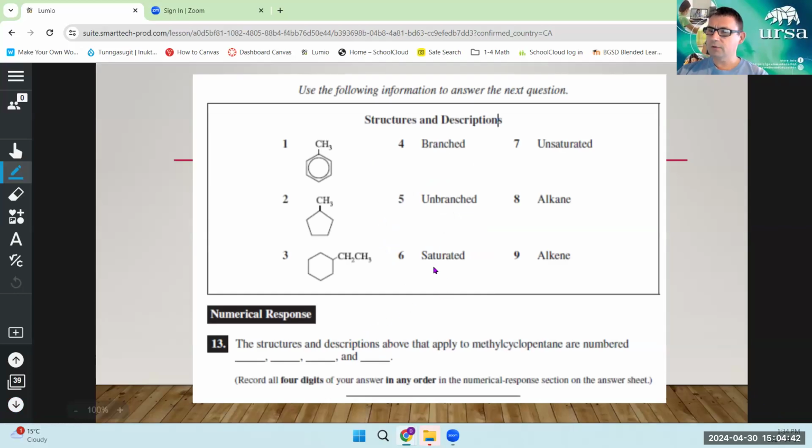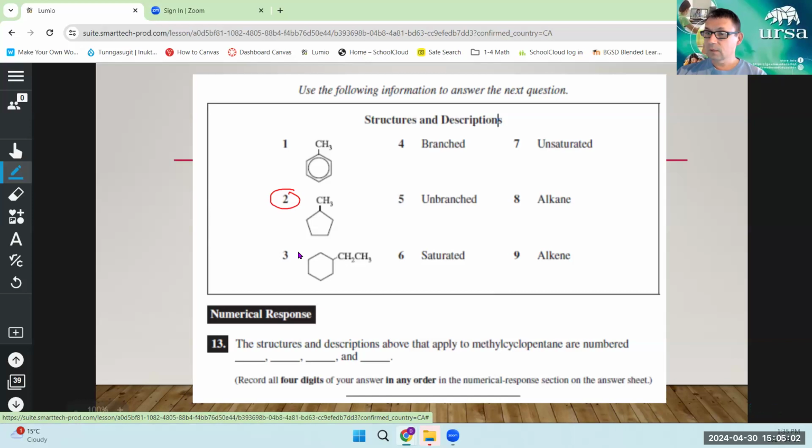Structure descriptions that apply to methyl cyclopentane. So cyclopentane would be 2. All single bonds.